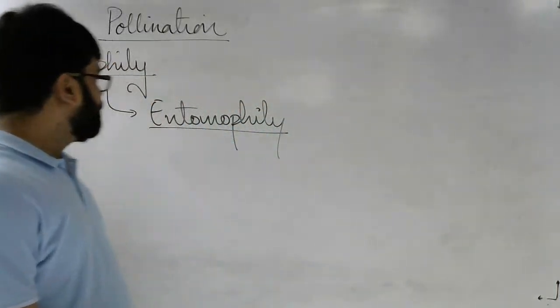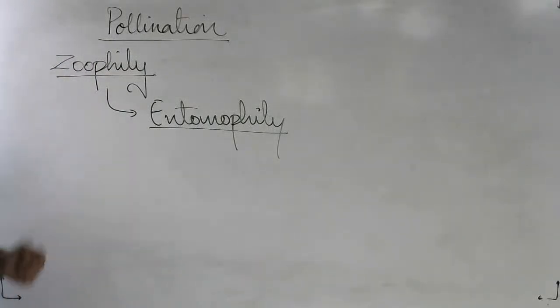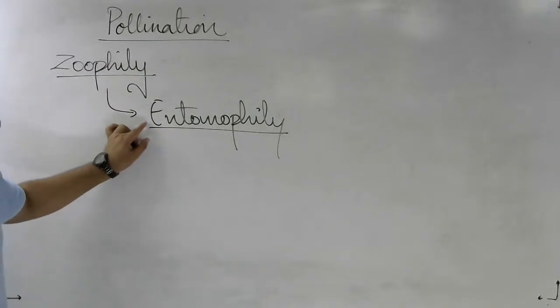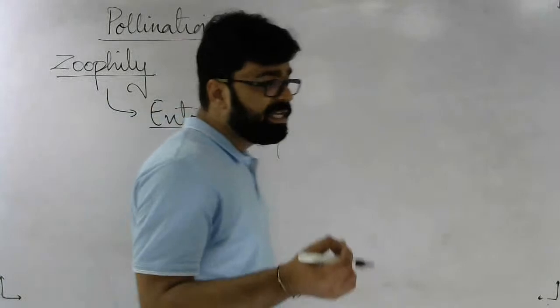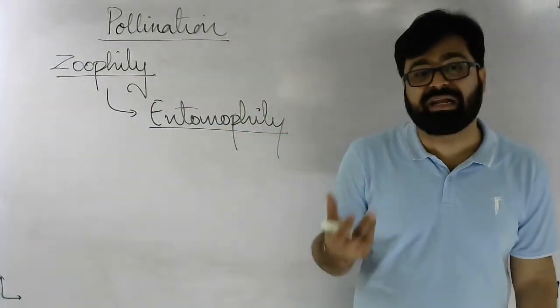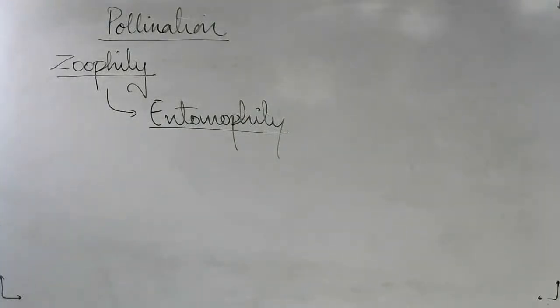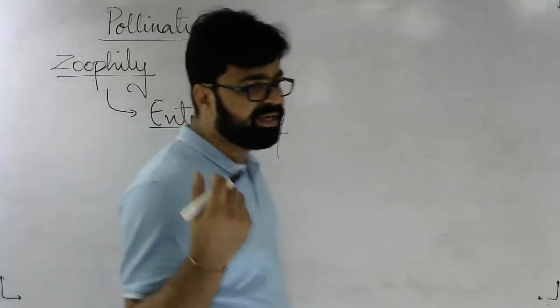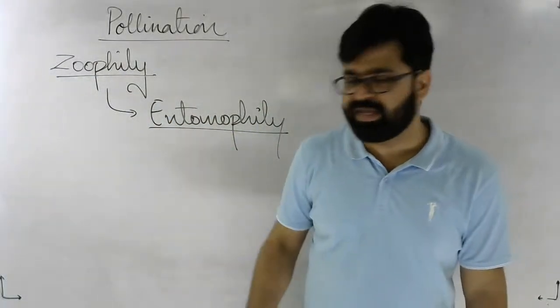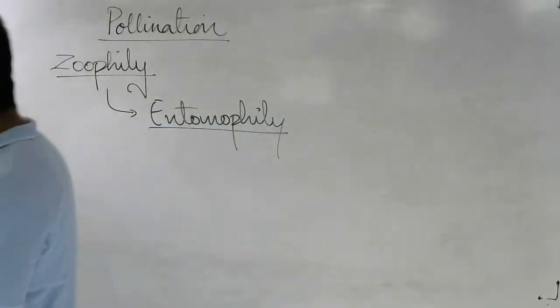Now, what are the characteristic features of flowers or plants which are pollinated with the help of insects? So, definitely they should have attractive colors. Petals should be very attractive in color, right? They should be red, then blue, so that insects can be attracted.